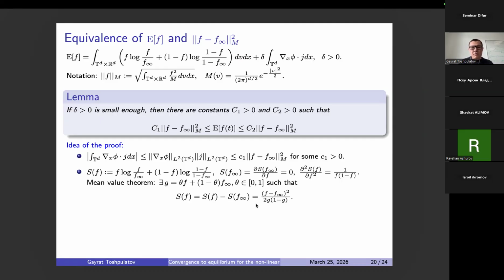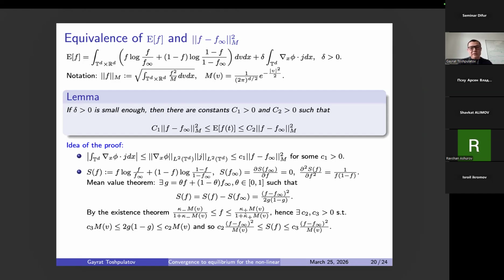We don't want to find the explicit value of this theta. What is needed is just that it's between 0 and 1. By the existence theorem, f satisfies such a bound for all time and for all x and v.